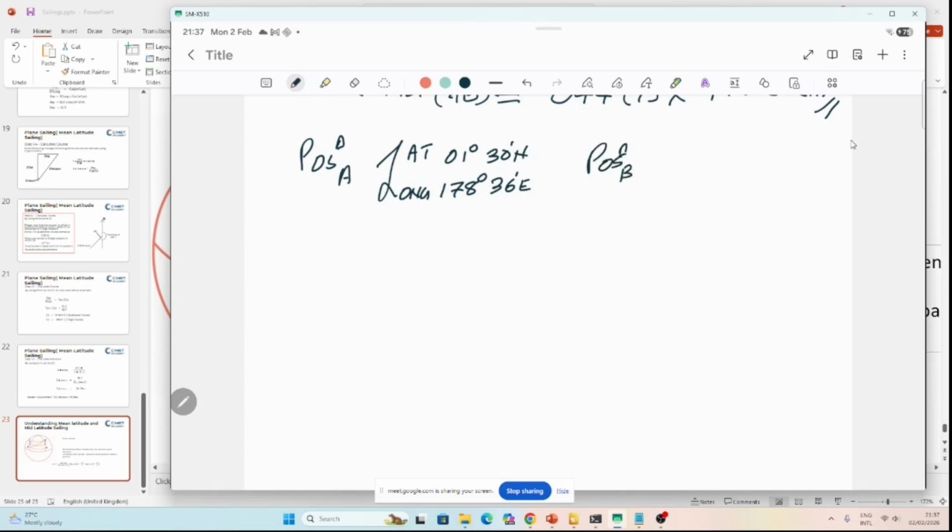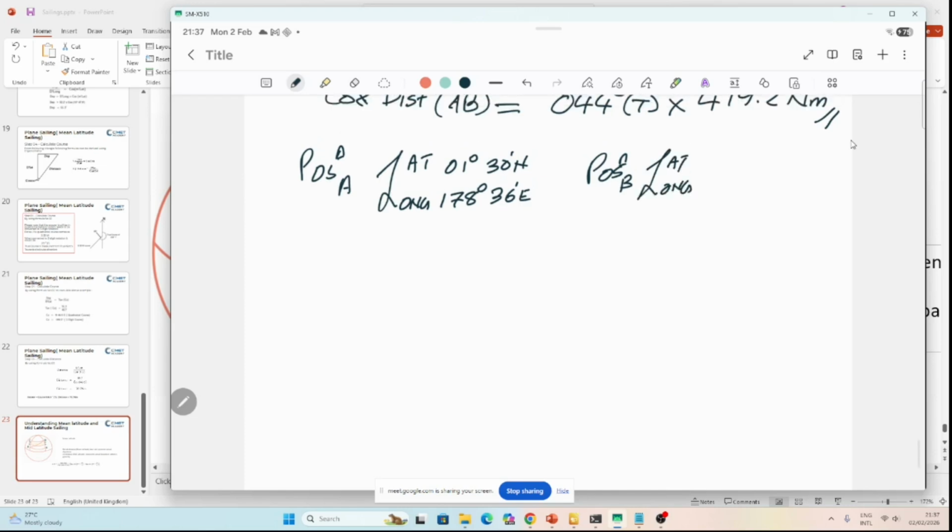Position B: latitude 02 degrees 14 minutes south, longitude 179 degrees 30 minutes west. This is plain sailing. Find the course and distance.